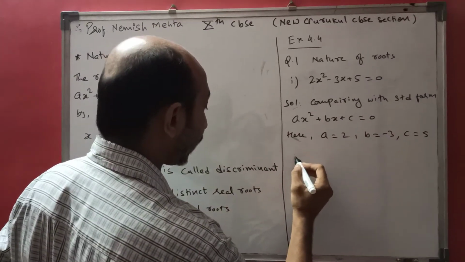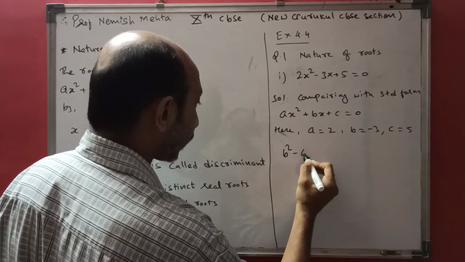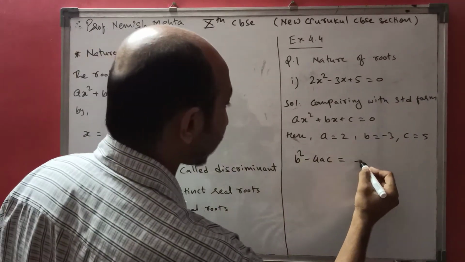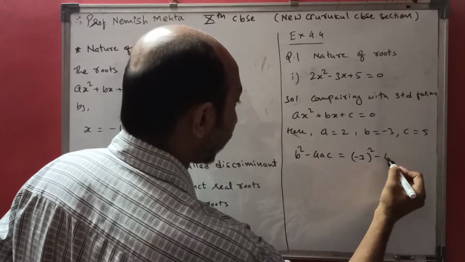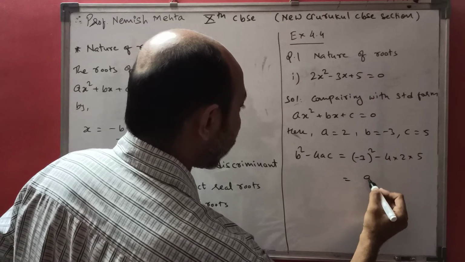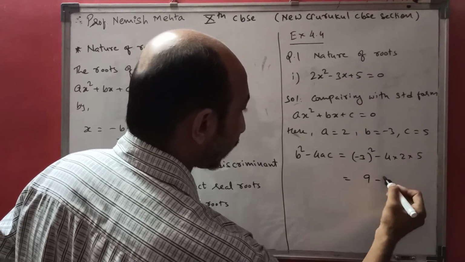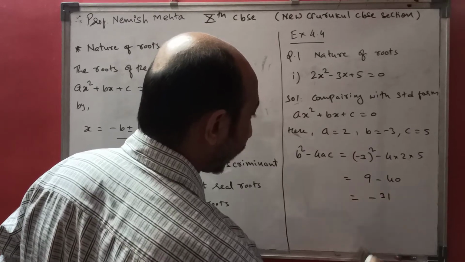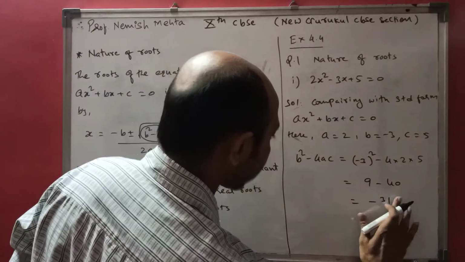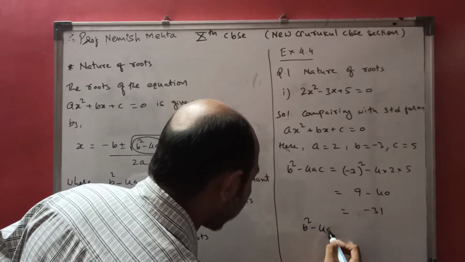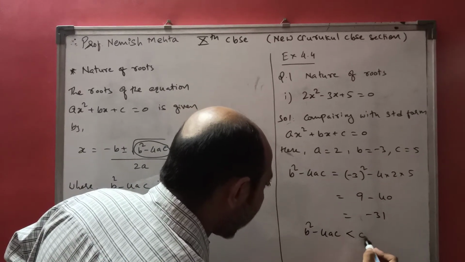We have discriminant b square minus 4ac equals the value of b, minus 3 the whole square, minus 4 into a is 2, c is 5. 9, 4 2s are 8, 8 5s are 40. Minus 31, which is less than 0. So b square minus 4ac is less than 0.